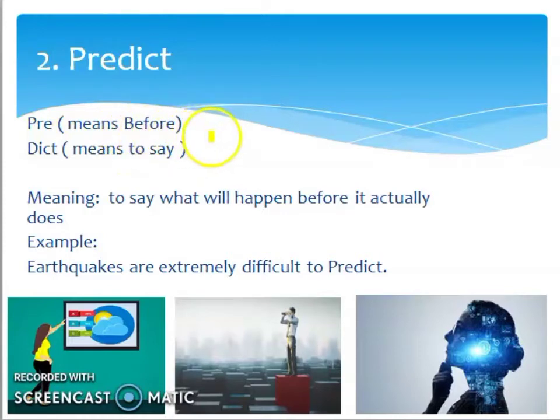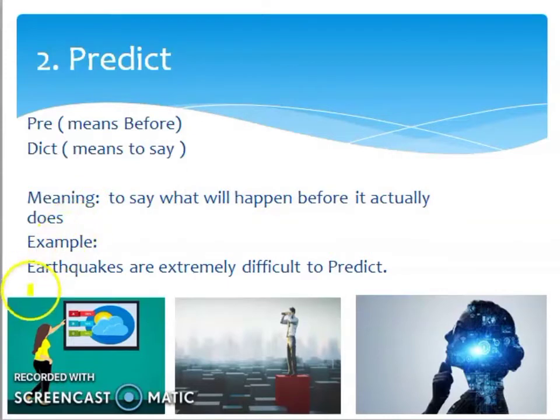Now some example words for pre, like pre-primary, pre-planned, pre-departure, which means before. So the second chunk is dict, which is serving as a root, and that means to say. So when you predict, you actually say what will happen before it actually does.